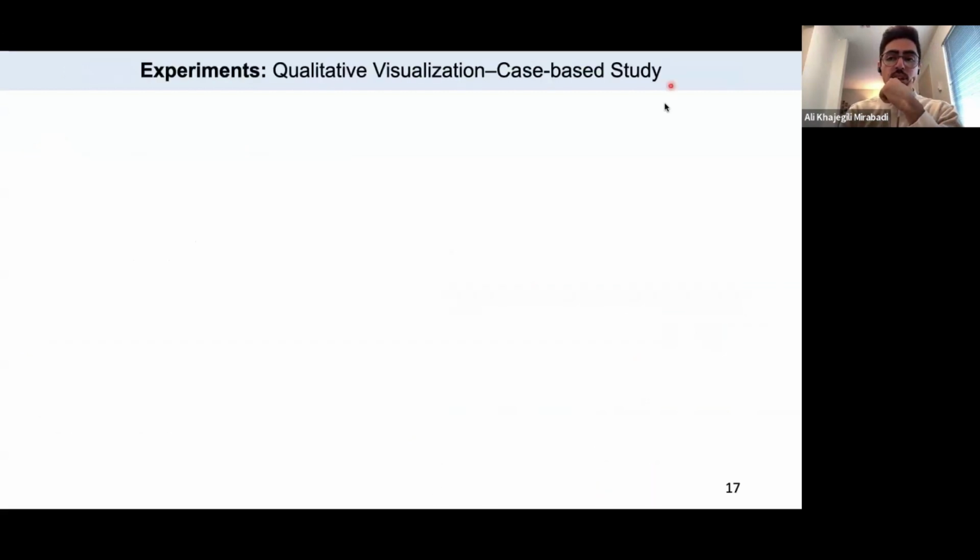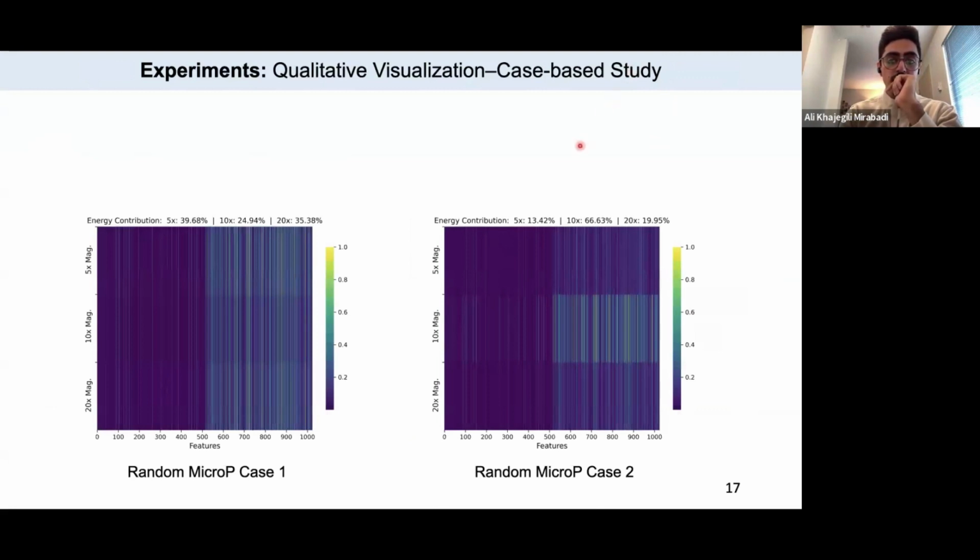And besides the quantitative visualization, we have some qualitative visualization as well. So far we had the population-based study, and in this slide I'm going to go over the case-based study. In the case-based study, what we plotted is a histogram, a heat map of the energy contribution and the features.